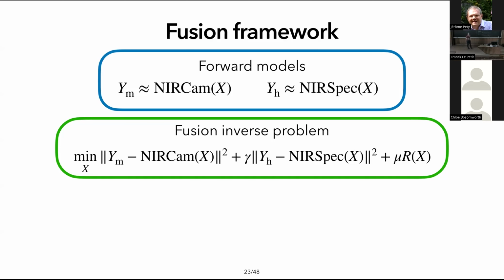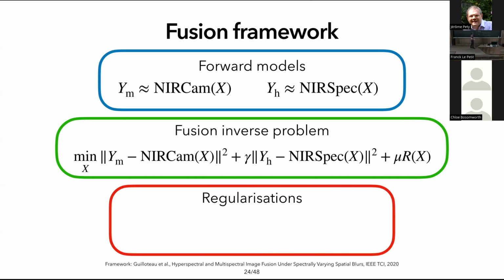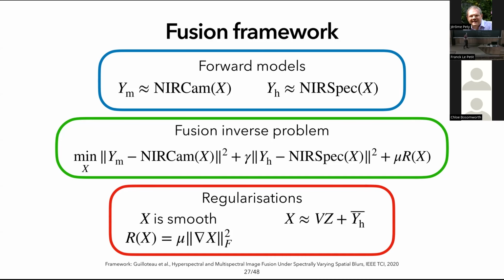The regularization is based on two quite simple assumptions. The first one is a spatial regularization, based on the assumption that the scene we search for is spatially smooth. This is the case for most astronomical images, and is enforced through a Sobolev regularization, where we penalize the gradient of X. The second assumption is trickier.